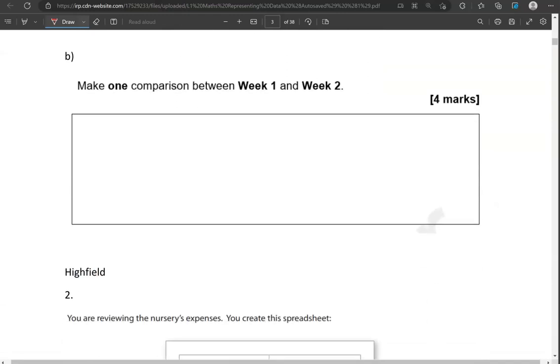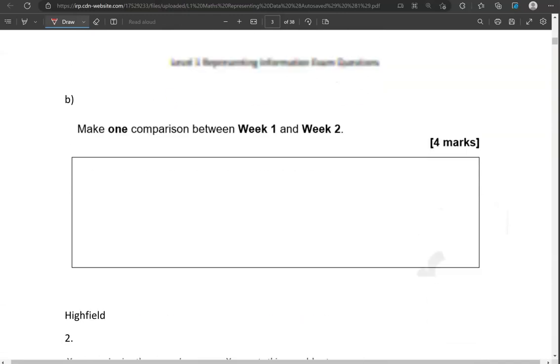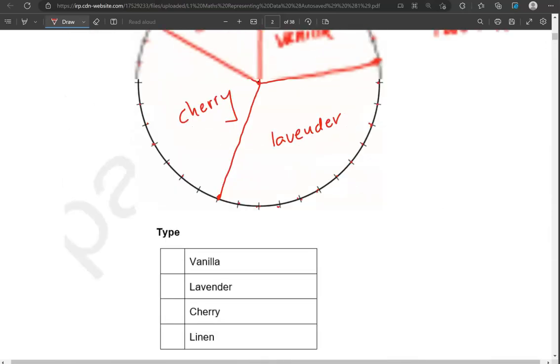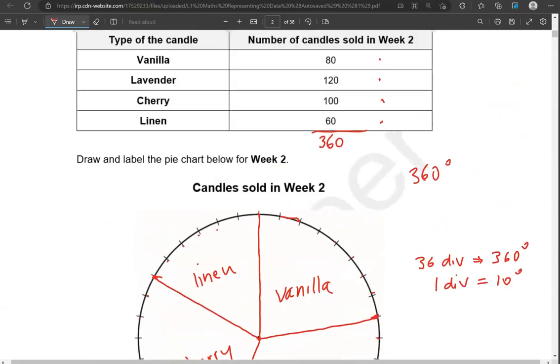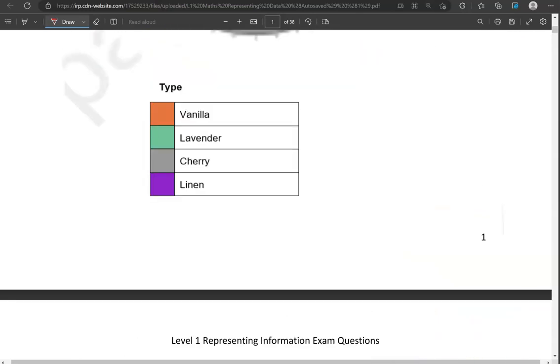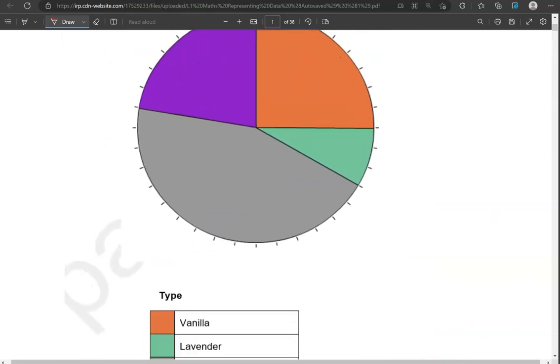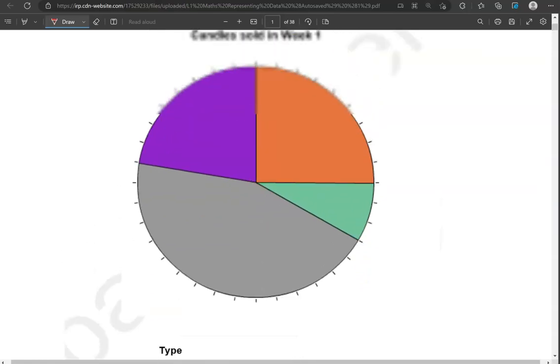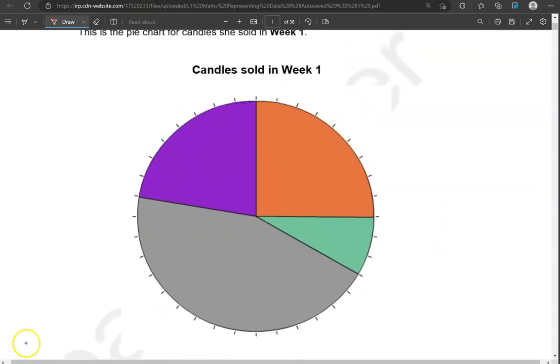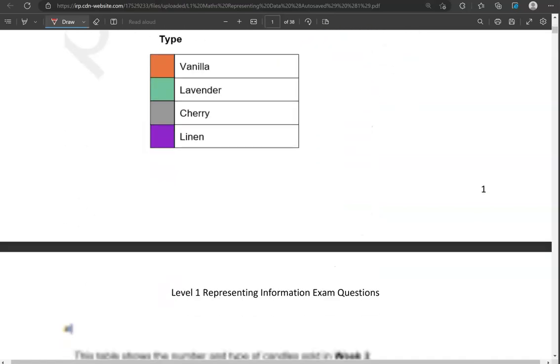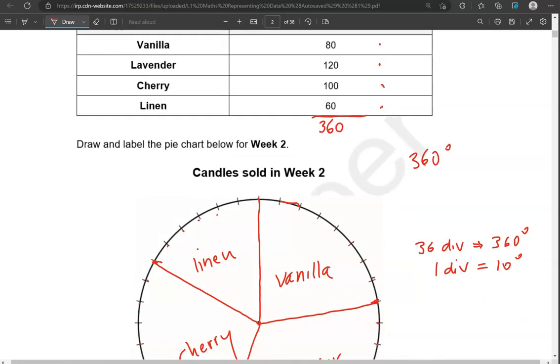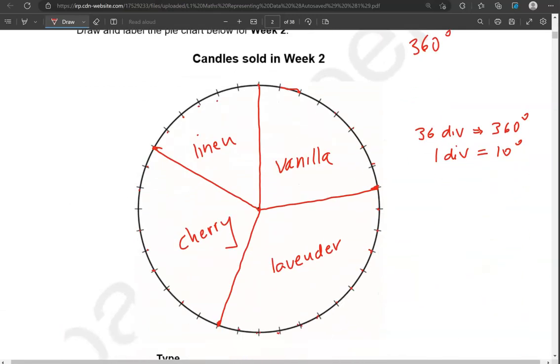Make one comparison between week 1 and week 2. Well, the first thing I can notice is the vanilla sector. It represents a quarter of the whole thing, of all the sales. So that is more than what we have for week 2 for vanilla. As you can see, this is less than a quarter.